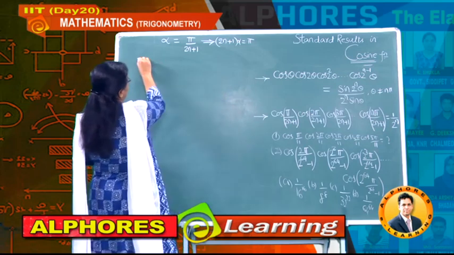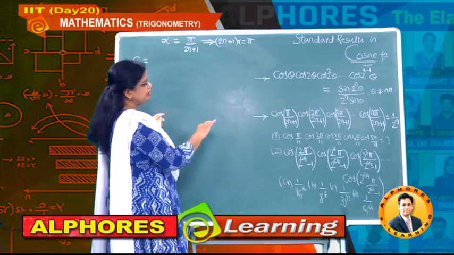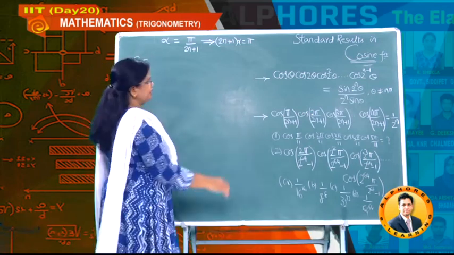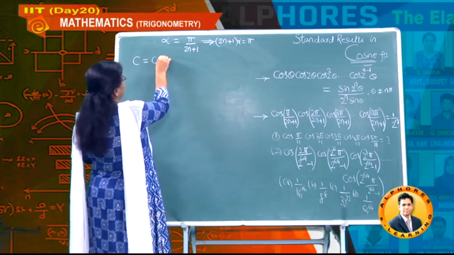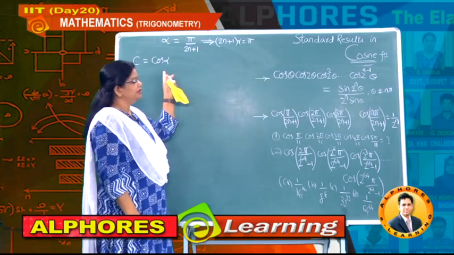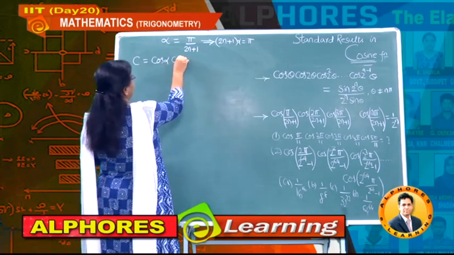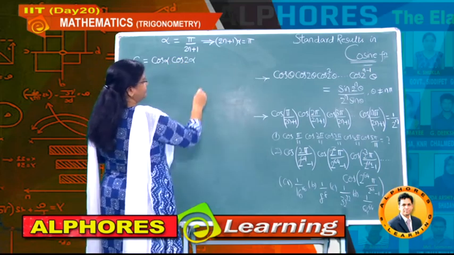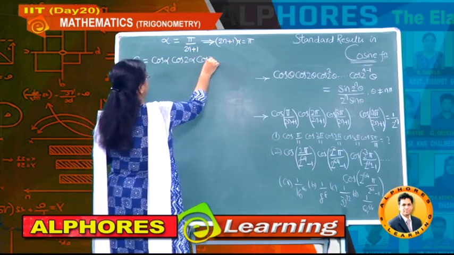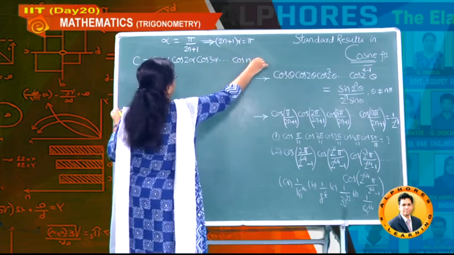Now let's start the problem with C equal to. Our C represents cosine values. Now this is cos alpha, because big terms are there; instead of writing those big values, let us write alpha. And the next value is cos 2 alpha, and the next value cos 3 alpha, etc. It is nothing but cos of the last value, n alpha.